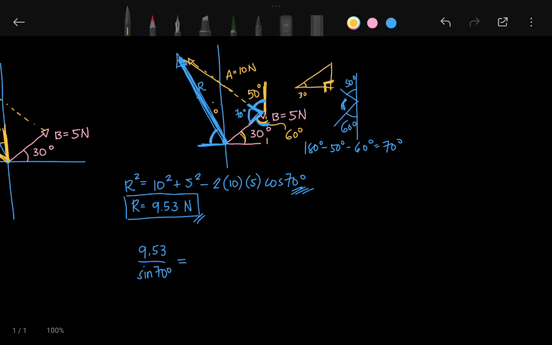Either vector A or vector B so that we can find an angle that we can use. But as I mentioned earlier, what we will add here, we'll just see.